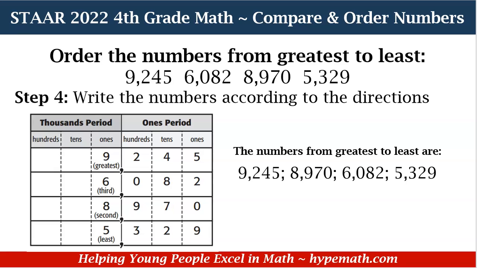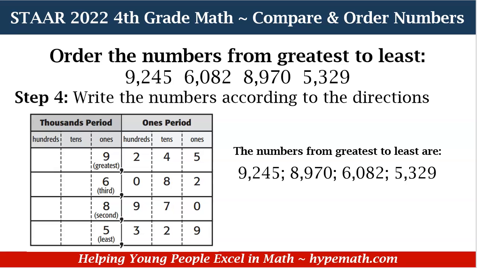So 8,970 is the second number in our list. Now, all we're left with is 6,082 and 5,329. The greatest number between those two is the 6. So 6,082 is the third number in our list.